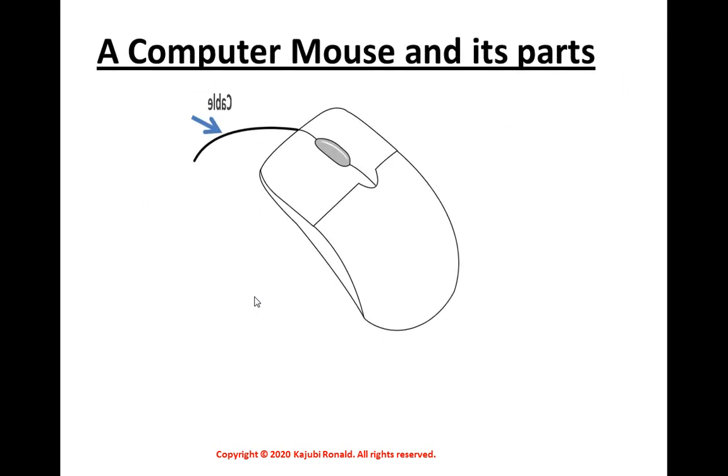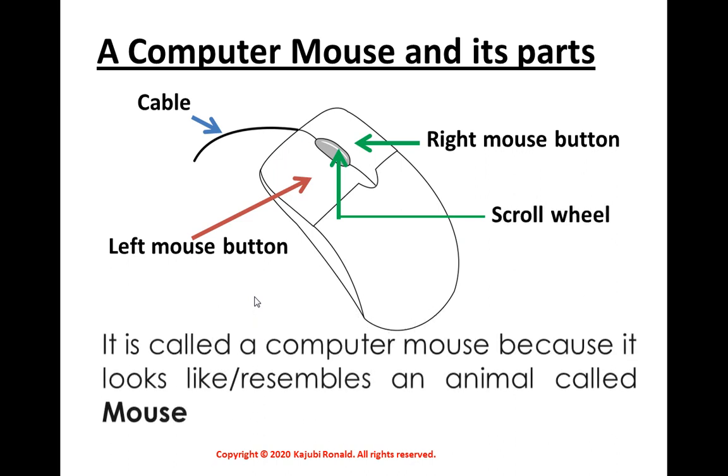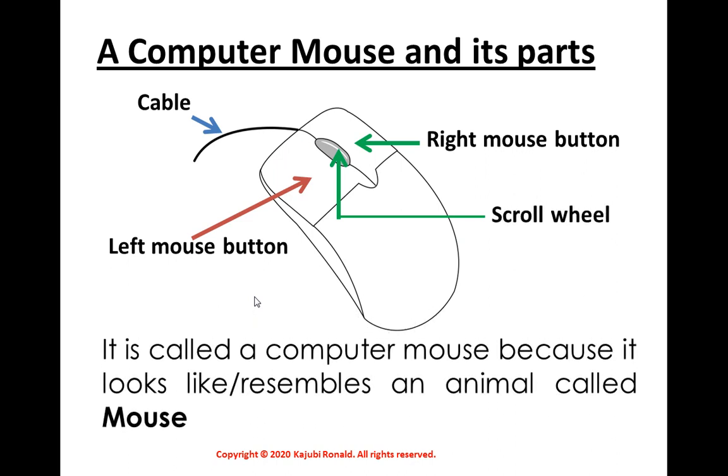A computer mouse, one, is used to point on items, is used to select items, and we use a computer mouse still to drag items, to move items from one place to another.